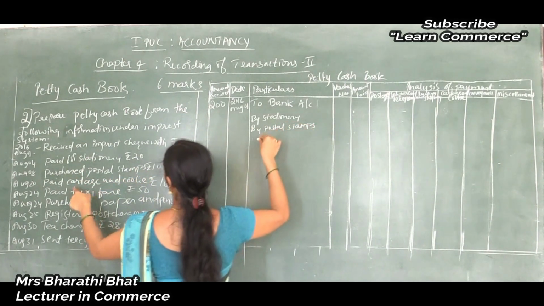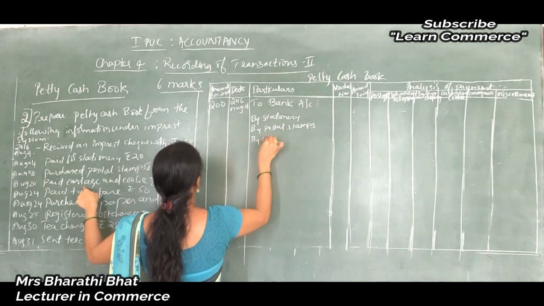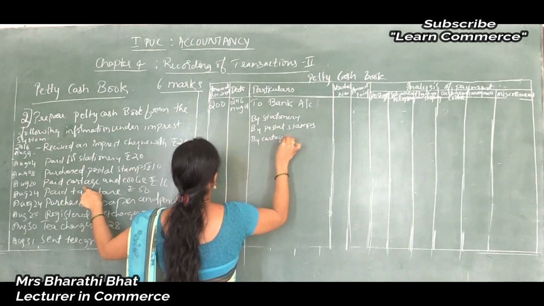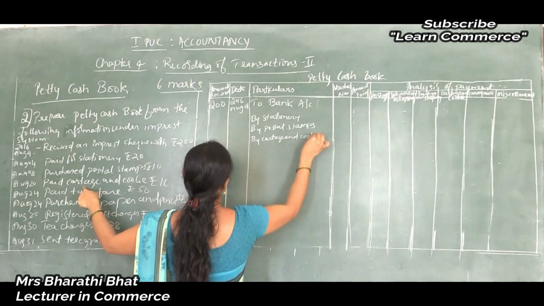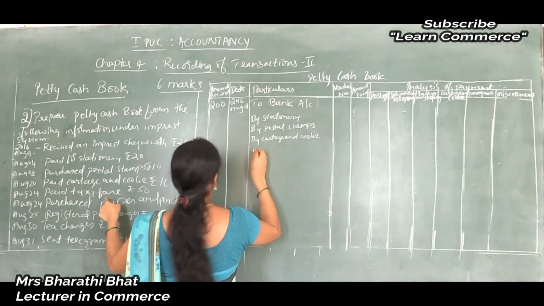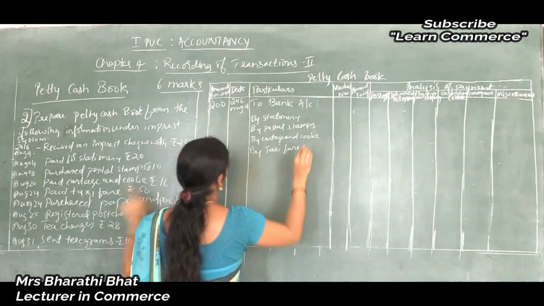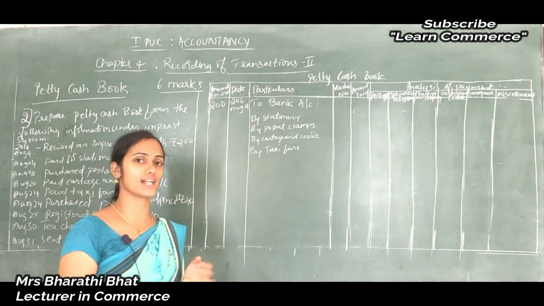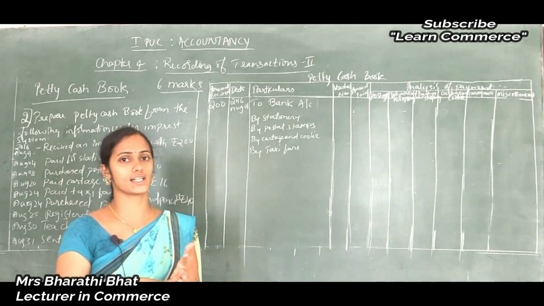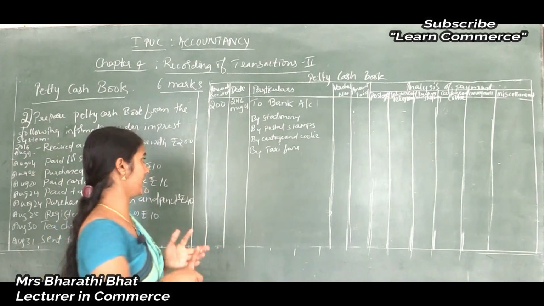And next one by cartage and coolie, and next one by conveyance: taxi fare, auto charges, bus fare, bus charges come under conveyance.